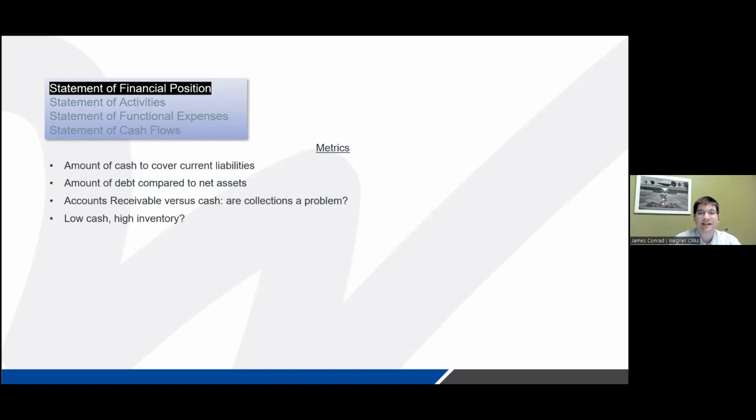If you're constantly dealing with inventory and an inventory glut, and you're not selling it, it's hard to get money in the door. And then on the upcoming statement of activities, you can combo some of the information that's on the statement of activities with the statement of position and get additional metrics.